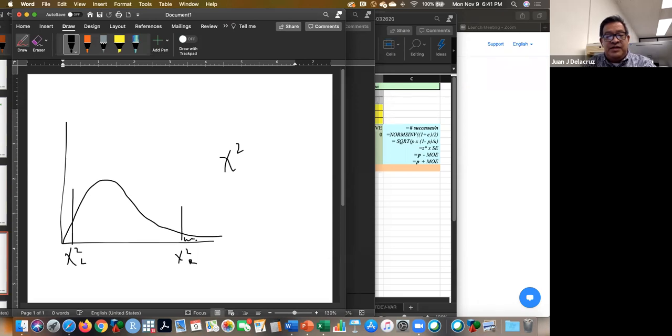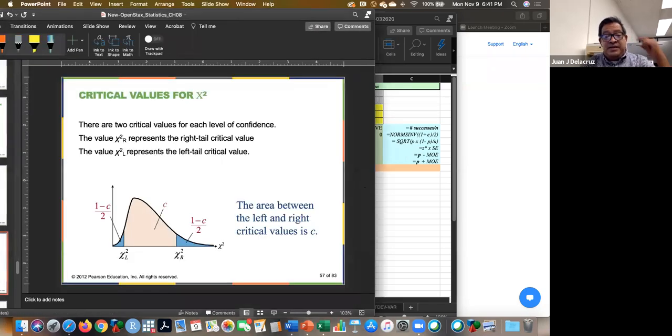Those are the values that we're going to estimate, right? The chi-square right represents the right tail critical value, and the chi-square left represents the left tail critical value.